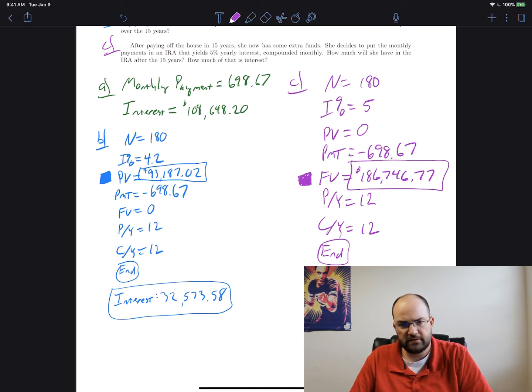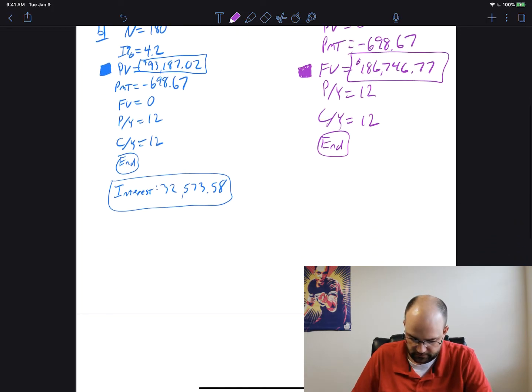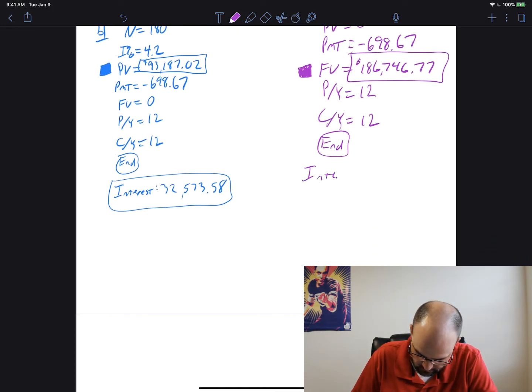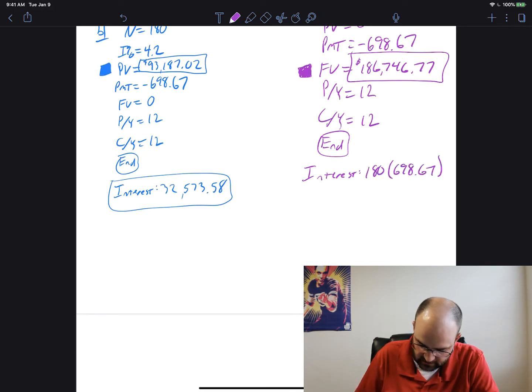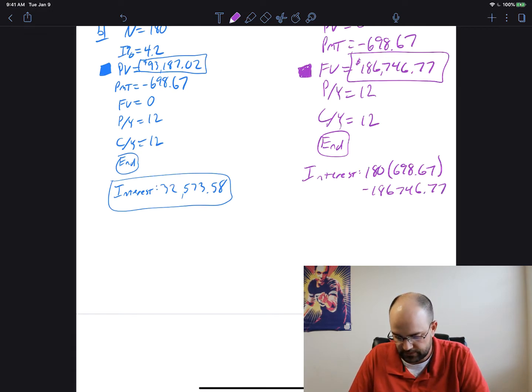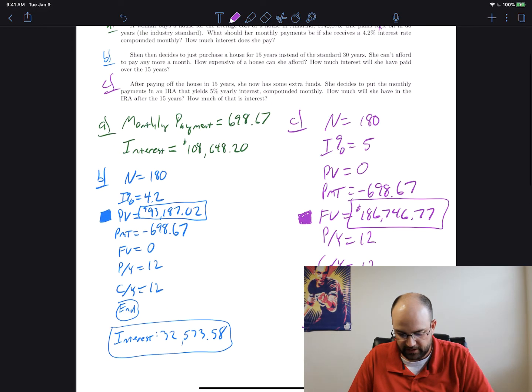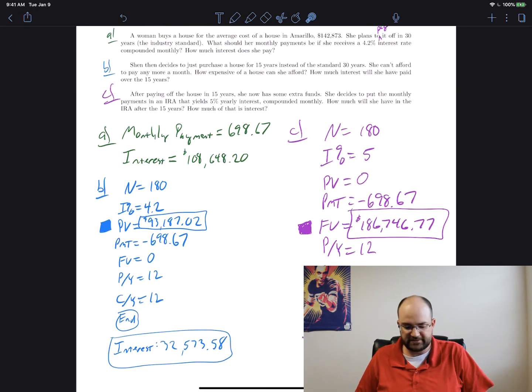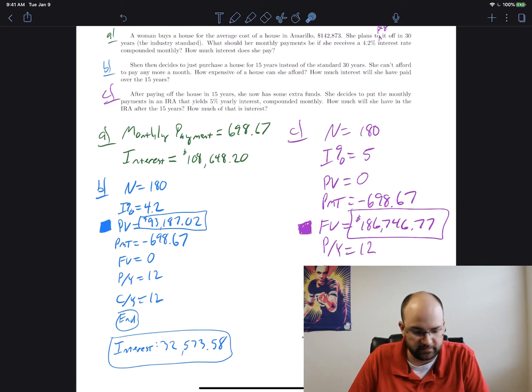And you can figure out the interest here by doing 180 times the 698.67, and then subtracting off the 186,746.77. I'm not going to do that. You can do that on your own. What I care about here is look at what's happened.